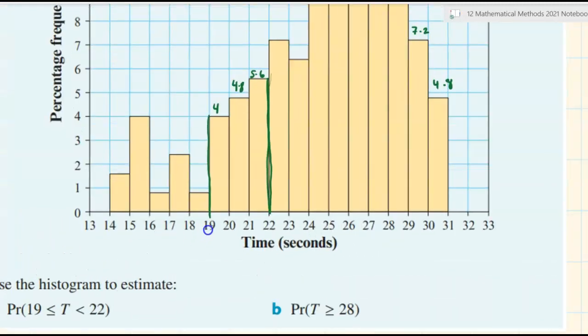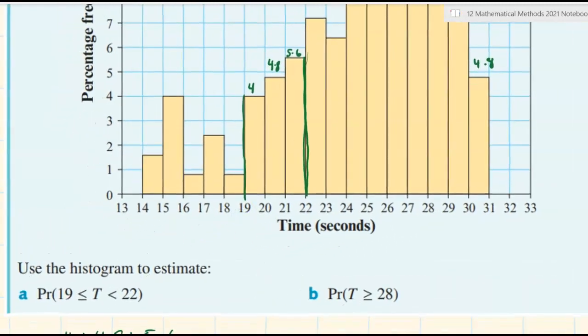Now, what do you notice in part A about that range that was given? Probability that 19 is less than or equal to t, which is less than 22. What do we notice? Yep. Okay, it says that it should include 19, but it should not include 22.